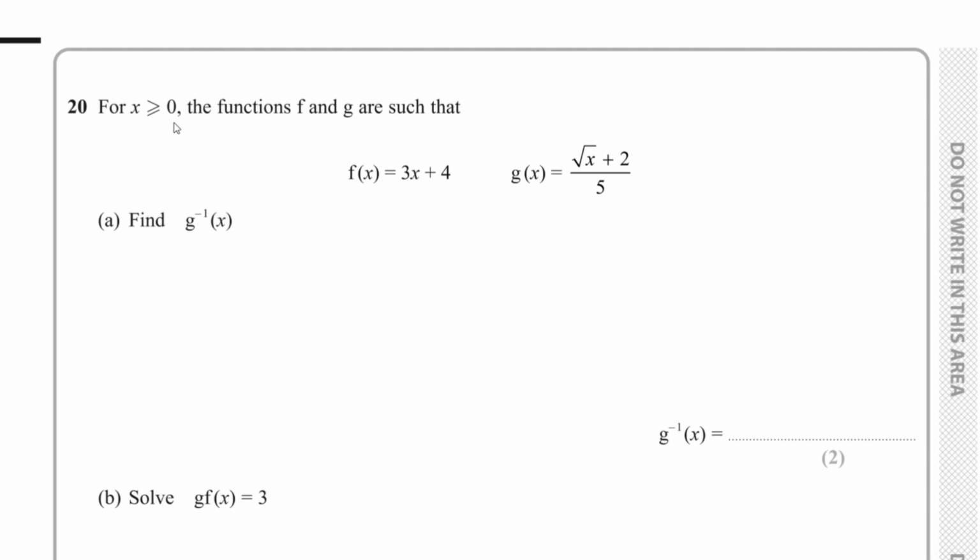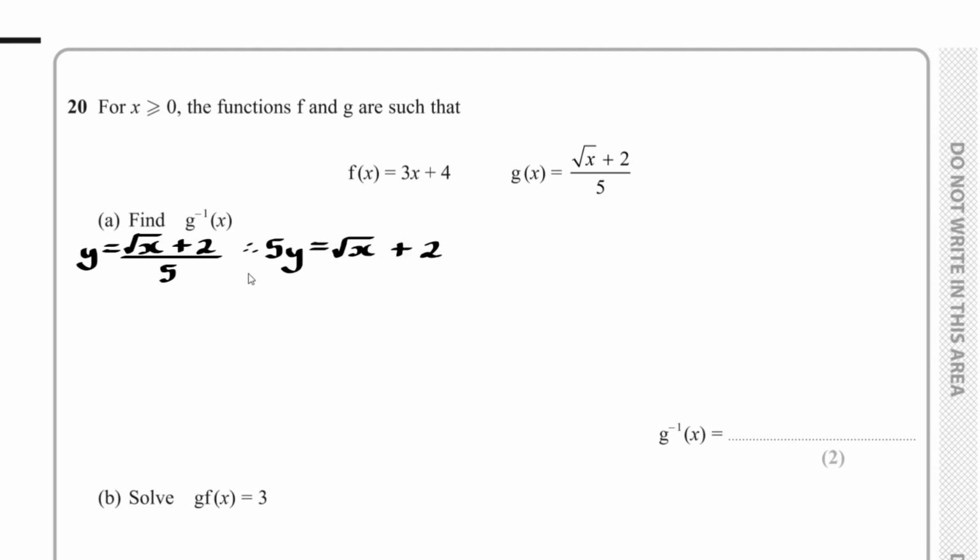Question number 20. For x being greater than or equal to 0, the functions f and g are such that f of x equals 3x plus 4 and g of x equals square root of x plus 2, all over 5. You have to find the inverse of g. If we replace the g with y, we have y equals square root of x plus 2 over 5.